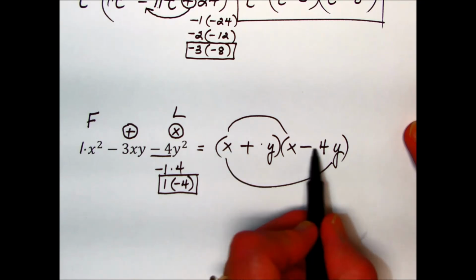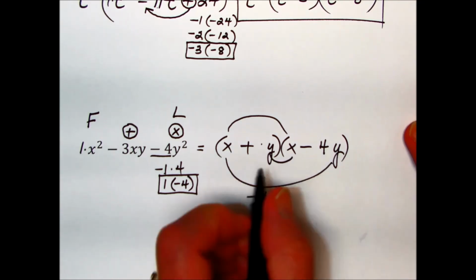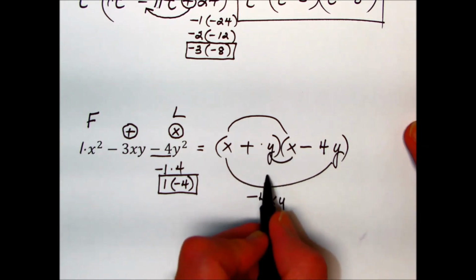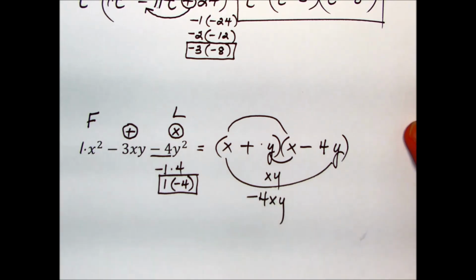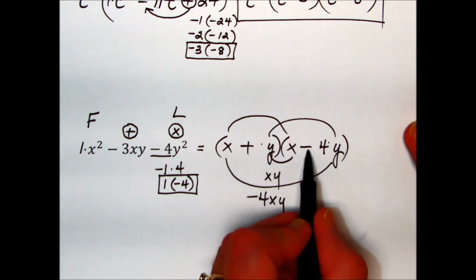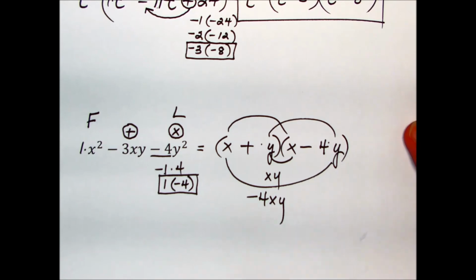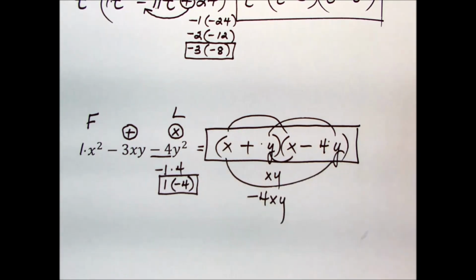Outside, we would have an x times negative 4y is negative 4xy. Inside, we'd have a positive y times x is a positive xy. 1 and negative 4 are negative 3xy. And our last terms, positive times a negative, 4y times y gives us the negative 4y squared. So our final answer would be the following product of those two binomials.